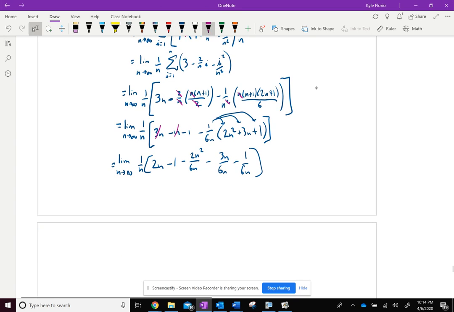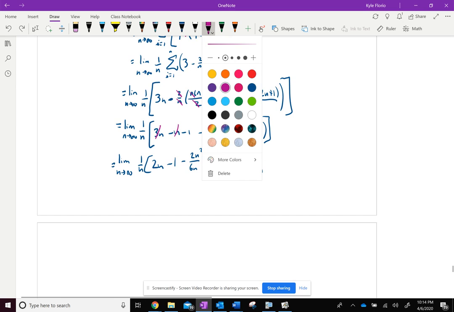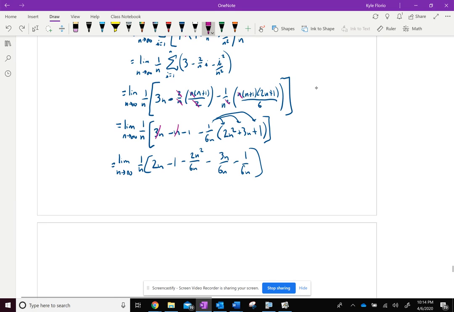Another distribution here. Let's multiply everything in here by 1 over n. Actually, let's not do that yet. These n's are going to cancel out, and this n is going to take out one of those n's.